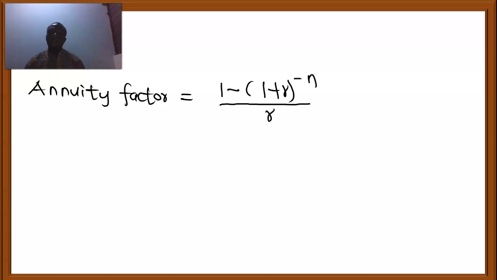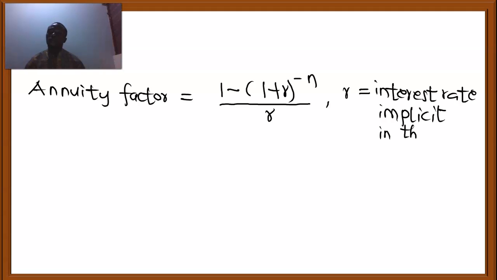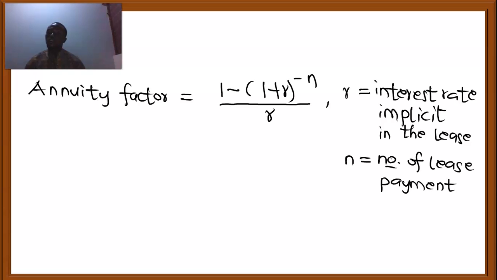Where r represents the interest rate implicit in the lease, and n represents the number of lease payments remaining.